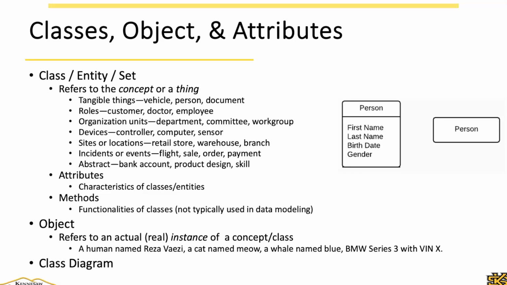So for the purpose of database design, we will only use the class diagram from object-oriented modeling to help us understand the business domain better and also represent it in a graphical and intuitive way and add technical details to it. There are also other diagrams within object-oriented programming and modeling, but for this course, as I mentioned, we are only concerned with the class diagram. We will learn more about the other diagrams in the other courses.